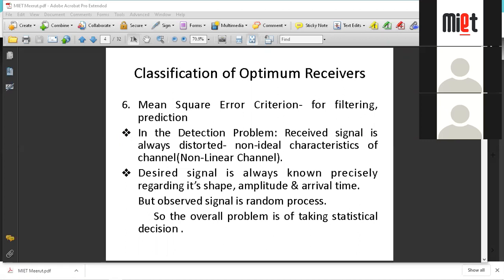Next is the desired signal, which, let's say, is known to us: its shape, amplitude, and arrival time. And we know that the desired signal and the observed signal are two different signals. The observed signal is a random process because of the noise.